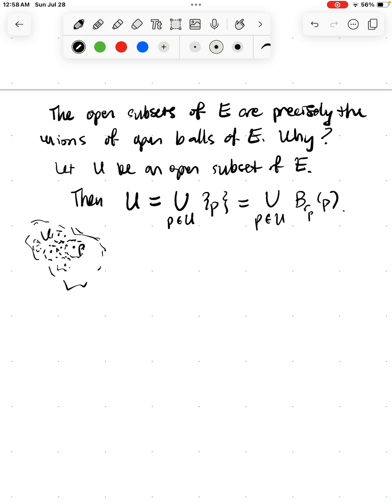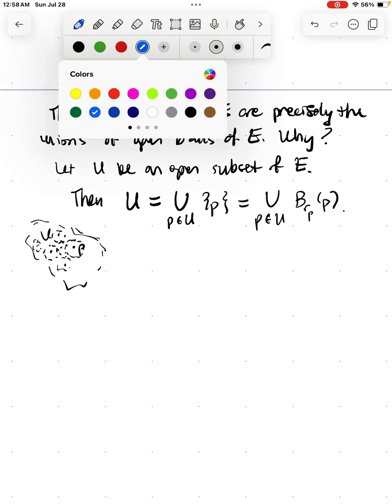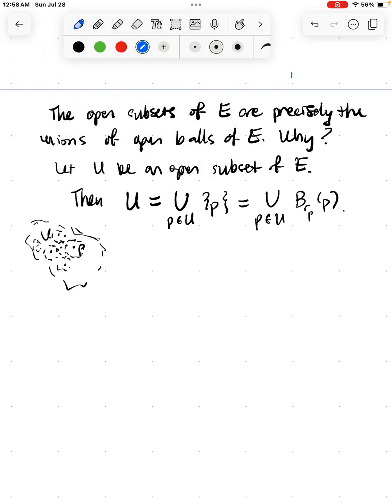Okay, let's explain why. To be more precise, for some r sub p greater than 0 for every p in U. Okay, why is this true?